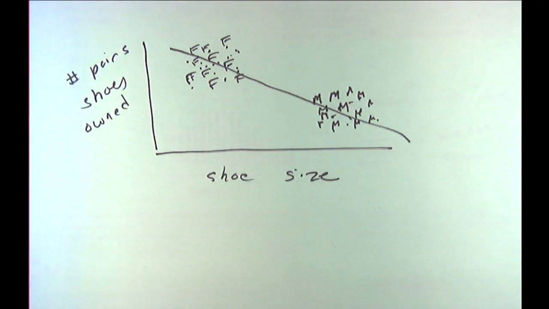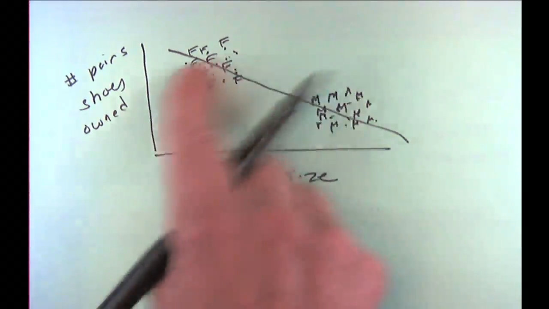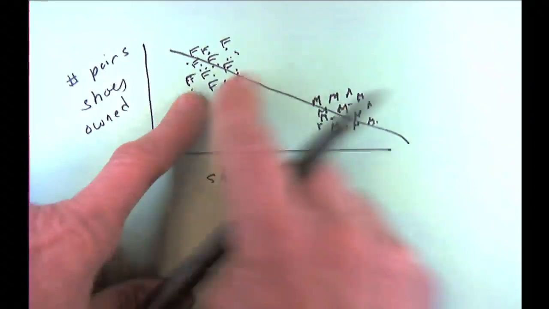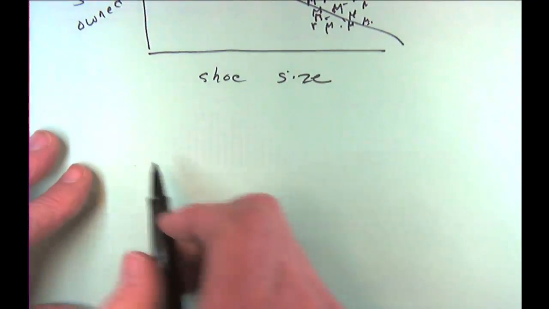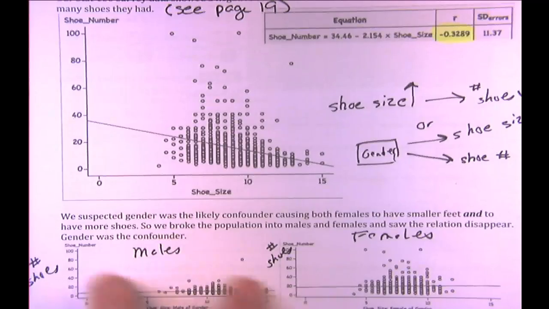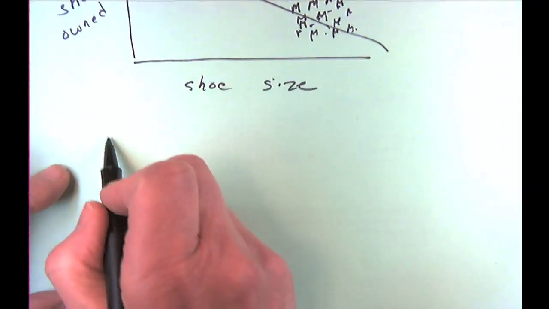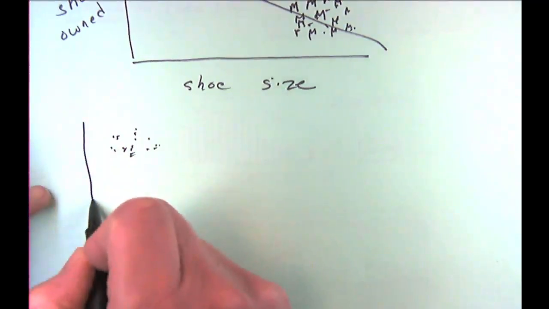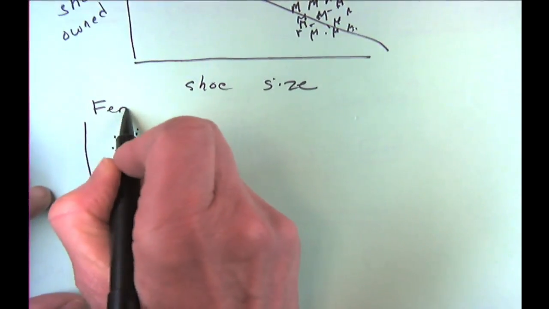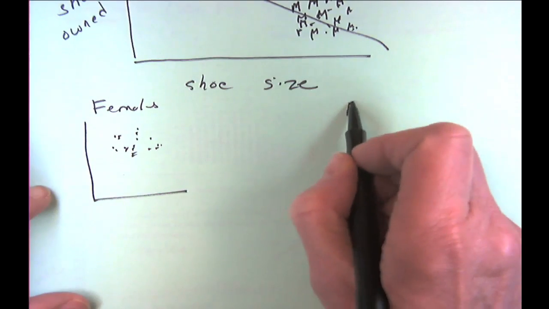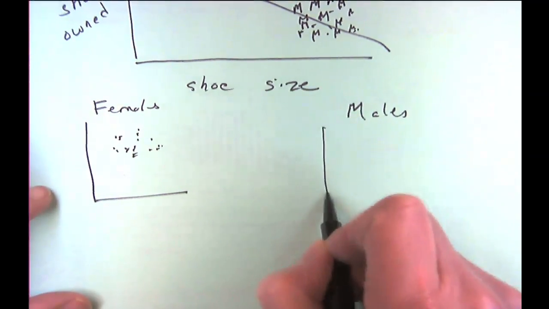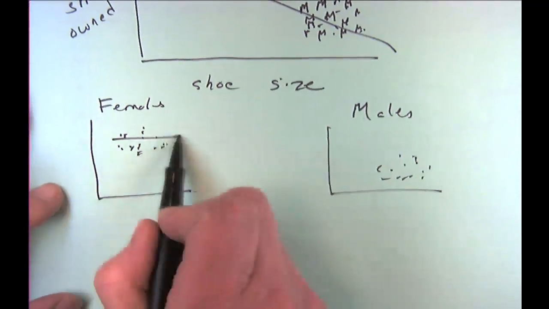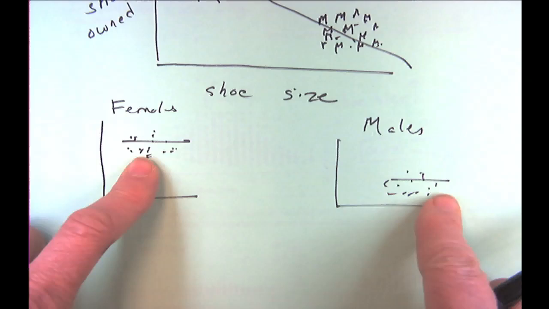That's confounding. Do you understand? There's no negative correlation within each group, but when we put them together, you get that negative. So if I separate them into two groups, this is females only, and males, within each group there's no correlation, but when you put them together, you get that negative.